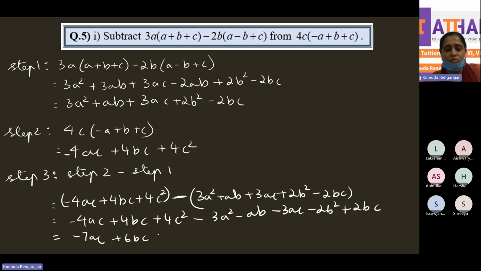Then c square, there is no c square. A square, there is no a square. ab, there is no ab. Then ac, we already simplified. Then b square, there's no b square. 2bc, we already simplified. So this is the answer.